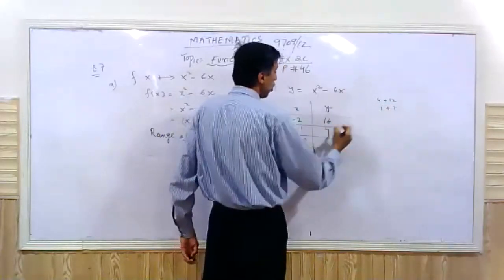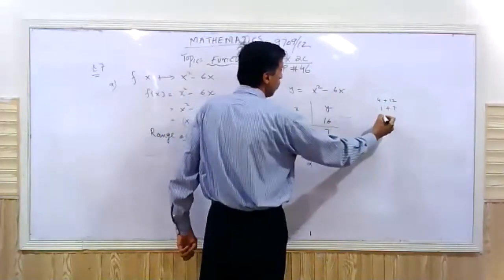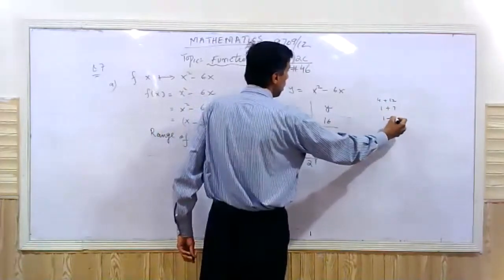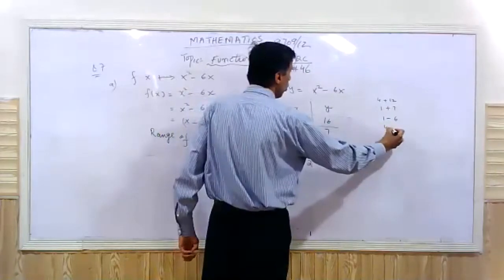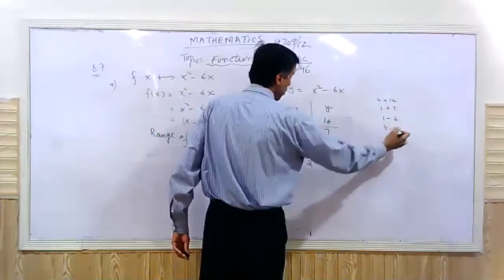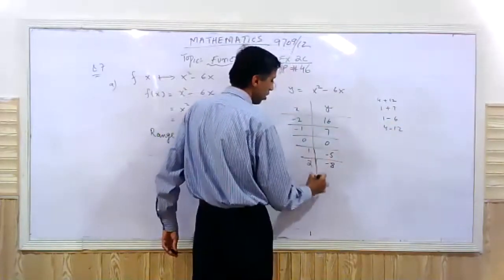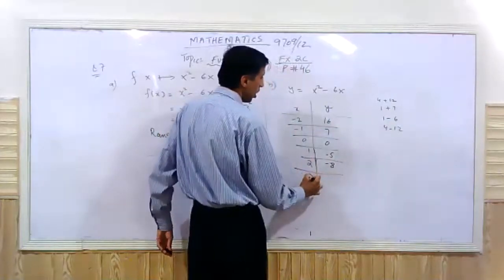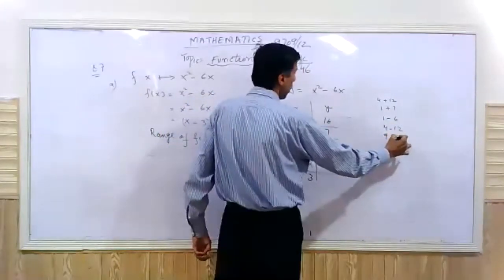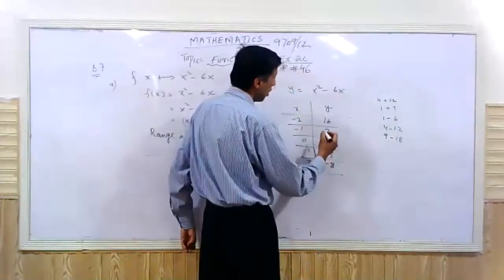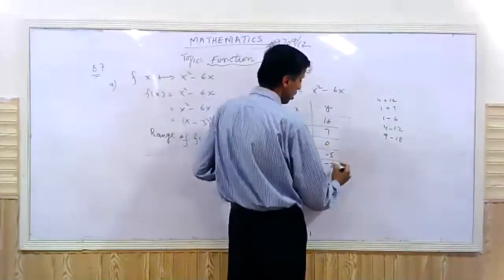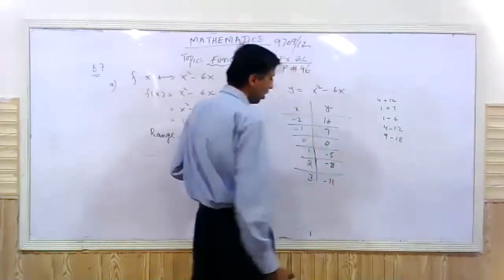If you keep 0, you'll get 0. If you put 1, you will get minus 5. Put 2, minus 8. Keep 3, 9 minus 18, minus 9.